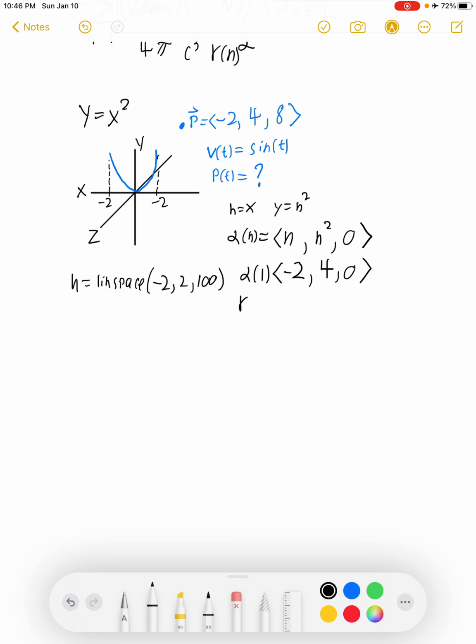So R is an index too. So R of 1 is equal to P minus alpha, negative 2, 4, 8 minus -2, 4, 0, negative 2 minus negative 2, so negative 2 plus 2, 0, 4 minus 4, 0, 8.